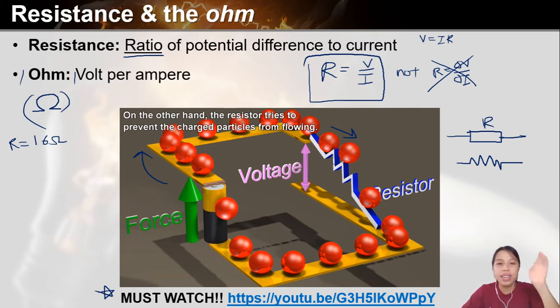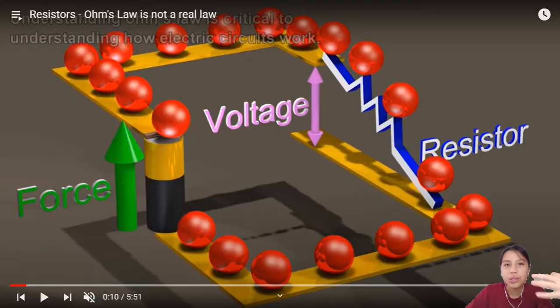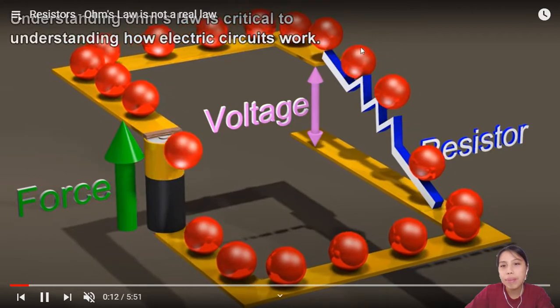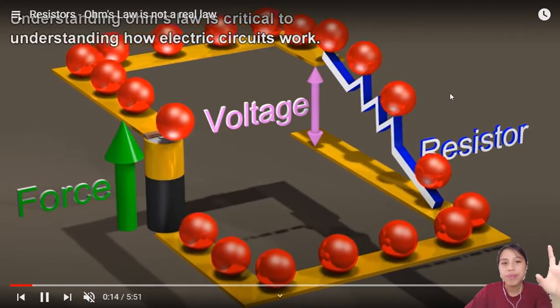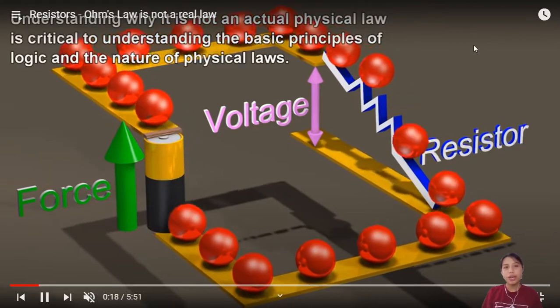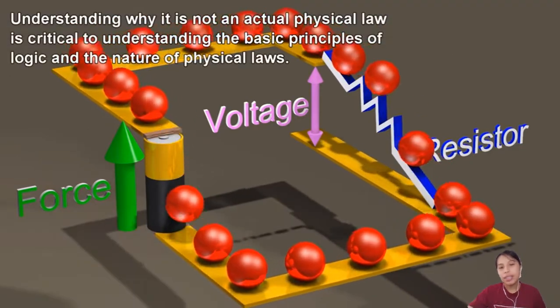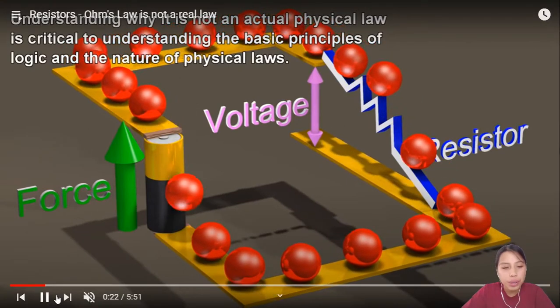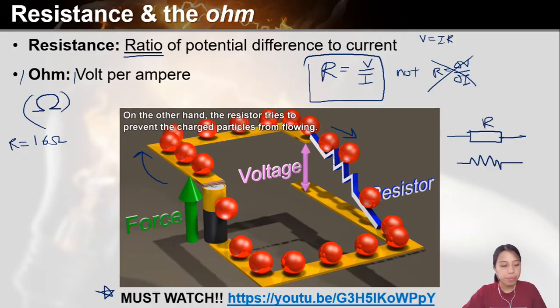Let me show you the animation. You see, they're all moving, but then they bump up and down over here, so the current is slower. That's the whole idea of resistance. Something is in your way, so you cannot move fast enough. Anyway, go watch this whole video. Very informative, and it will definitely help you understand resistance better.